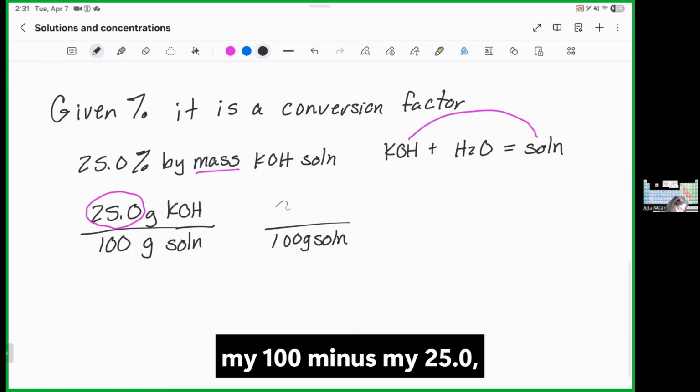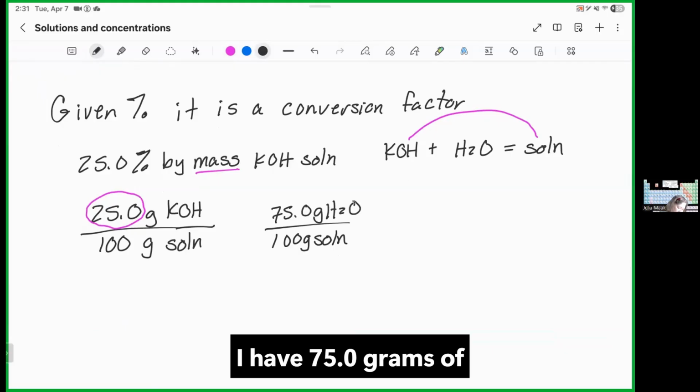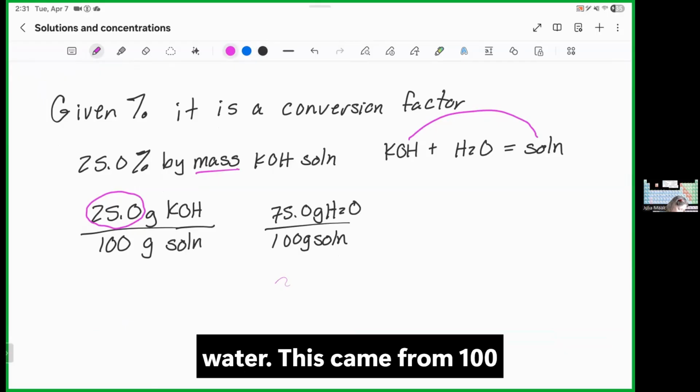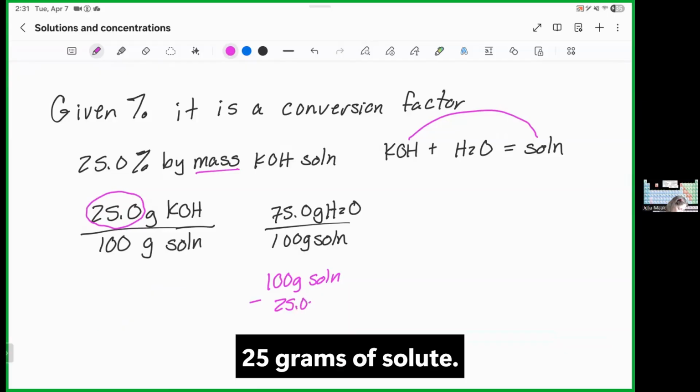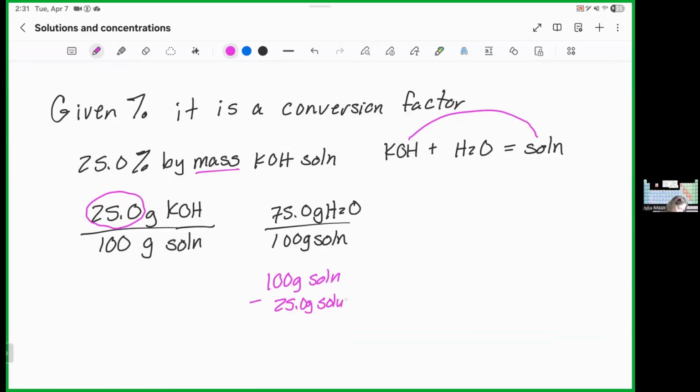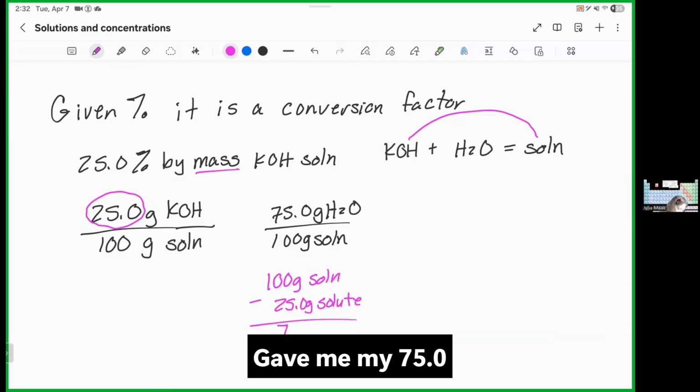Okay, so my 100 minus my 25, I have 75 grams of water. This came from 100 grams of solution minus 25 grams of solute gave me my 75 grams of solvent.